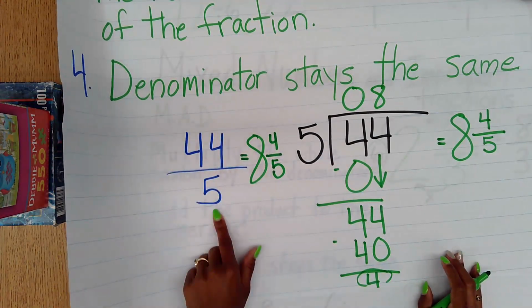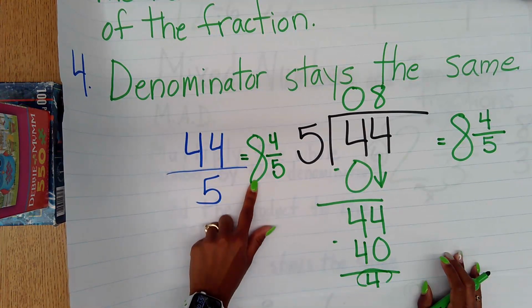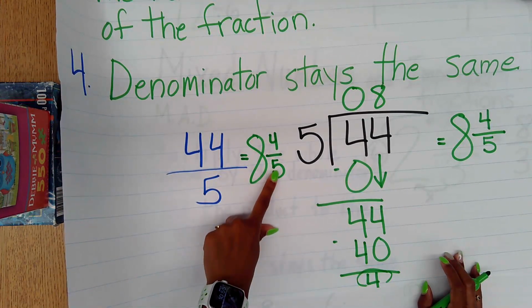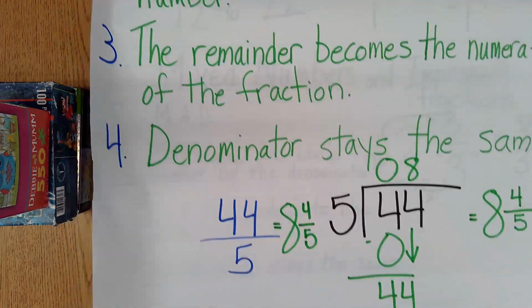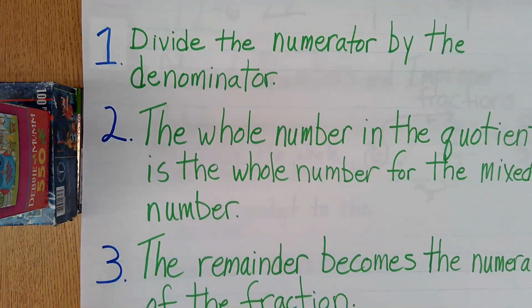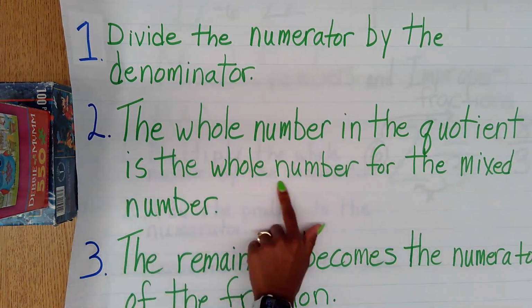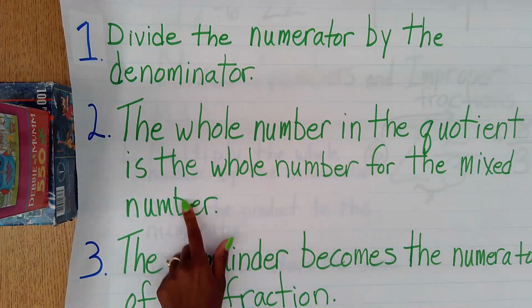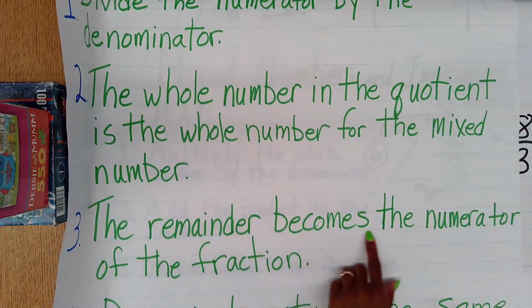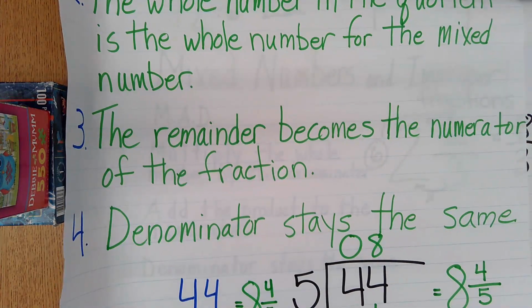Here's our improper fraction. Our numerator is greater than the denominator. Here's our mixed number, a whole number plus a fraction. So when I divide my numerator by the denominator, the whole number in the quotient is my whole number for the mixed number. My remainder becomes the numerator of the fraction, and your denominator stays the same.